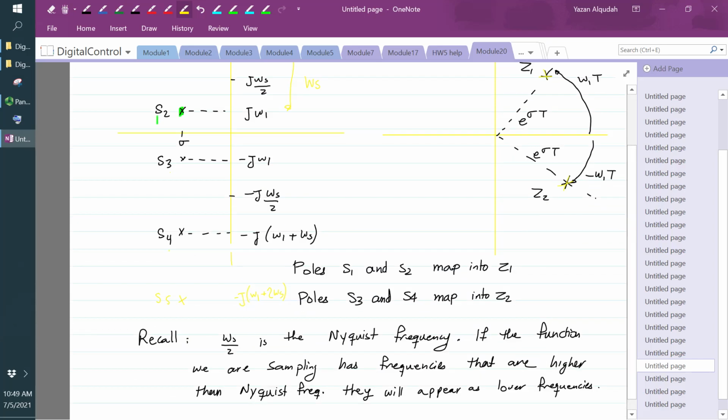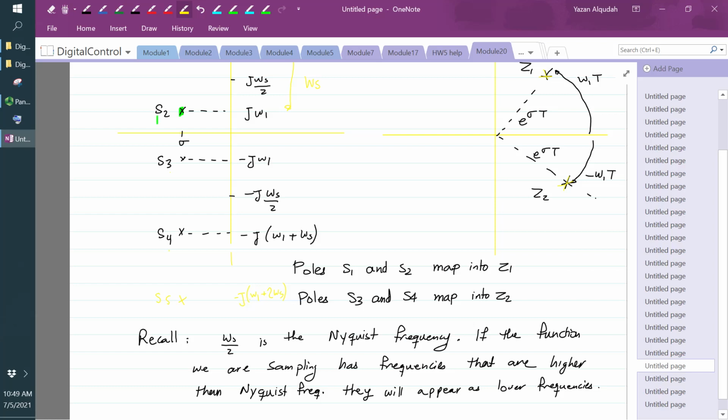Now, just to give you more intuition why that is the case, remember when we are sampling, omega s over 2 is the Nyquist frequency. So if the signal that we are sampling has frequencies that are higher than Nyquist, these frequencies are going to flip and appear at lower frequencies.